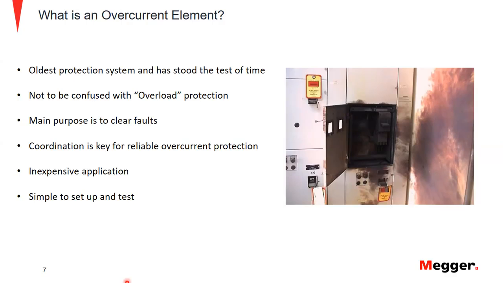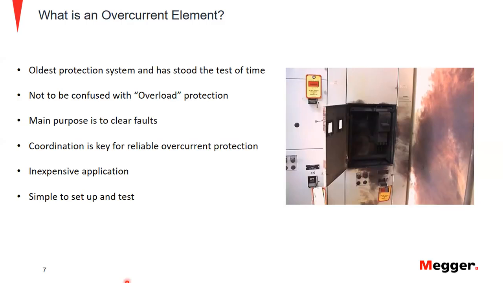So the main purpose of overcurrent protection is to clear the fault. That's our main objective with overcurrents. This protection is against excessive currents, and we want to make sure that the current does not go beyond the acceptable current rating of the equipment that it is protecting.